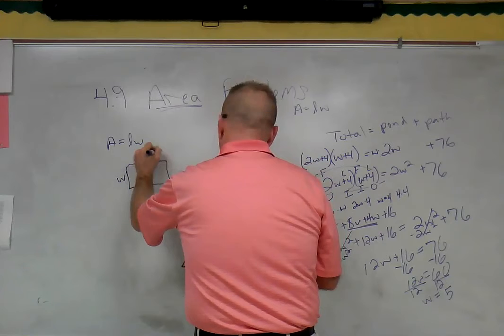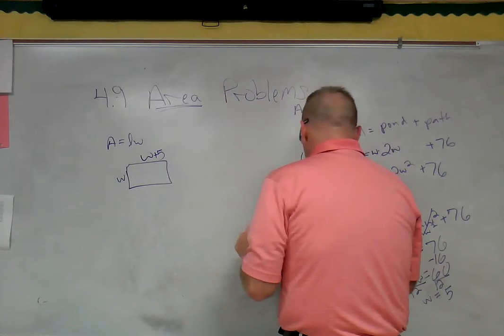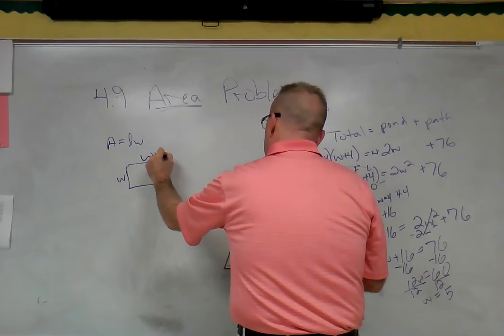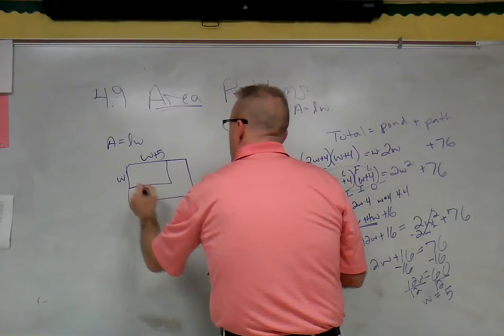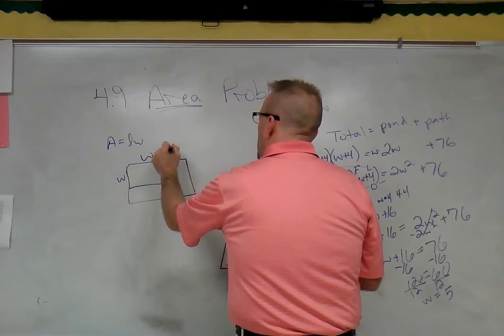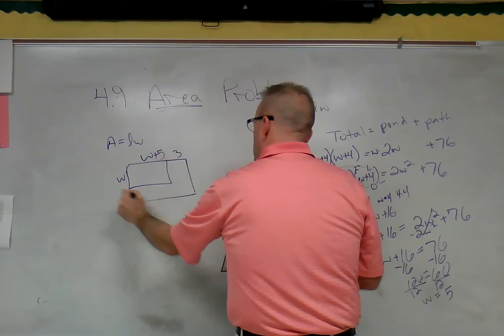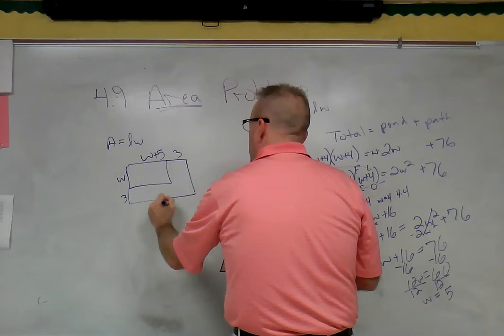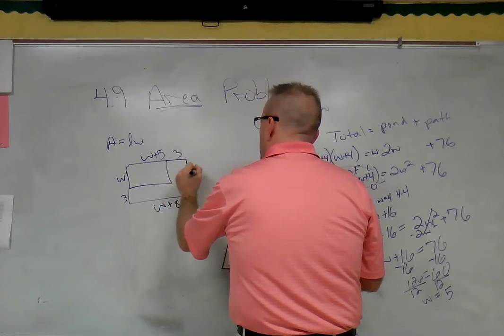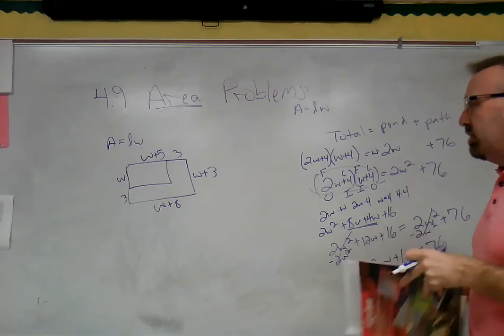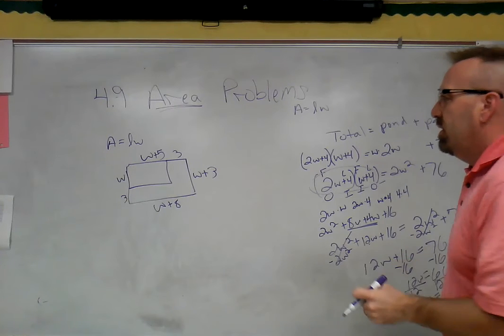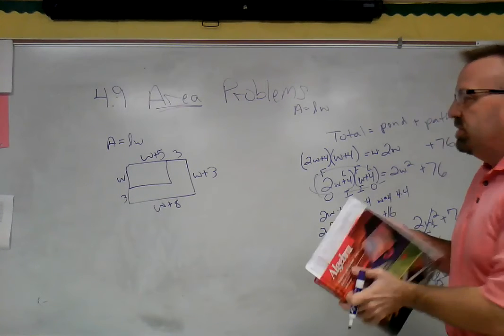Now it says each side is increased by 3. So 3 here. So this side would now be W plus 8, and this would be W plus 3. It says the area is increased by 60.